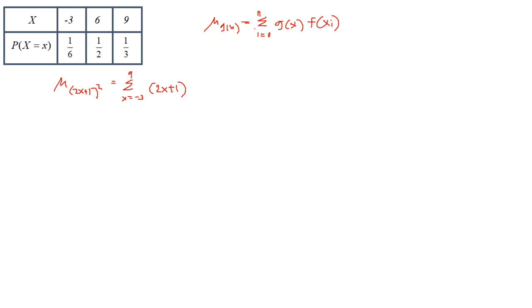So we have our g of x, which is 2x plus 1 squared, multiplied by our f of x.